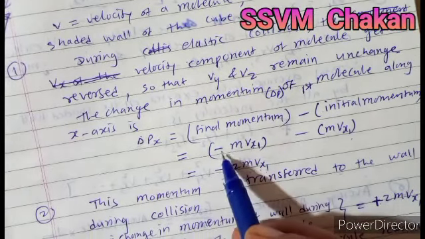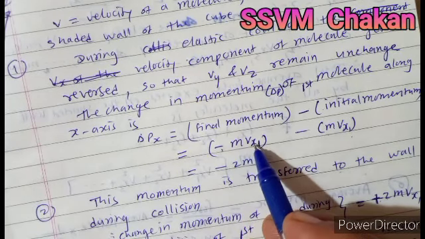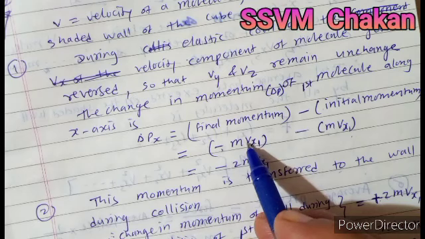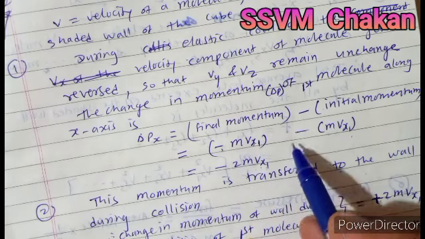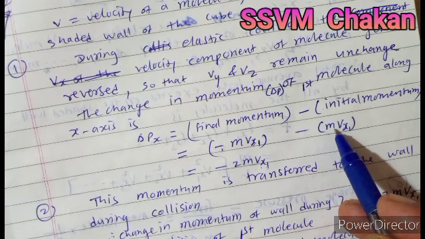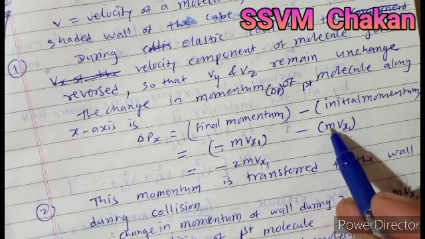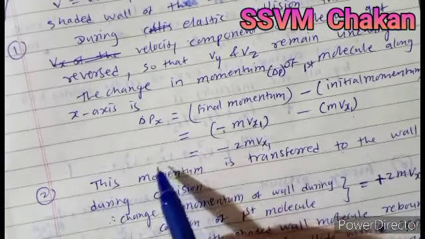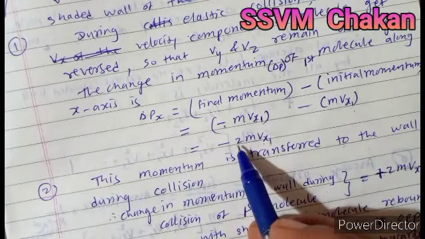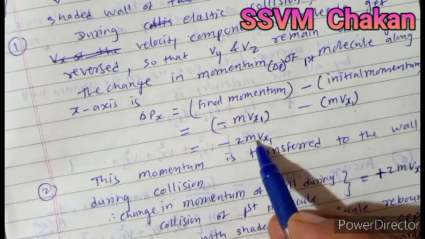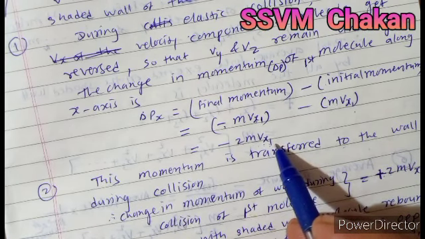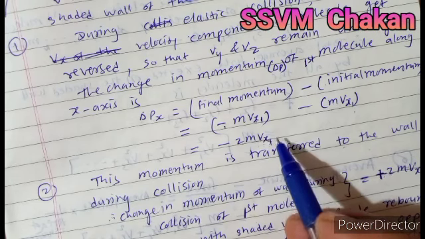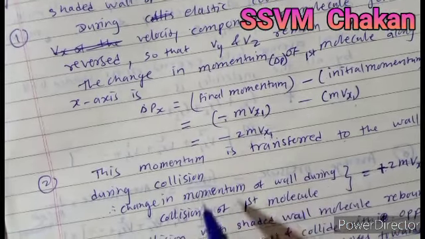Final momentum is minus mass into velocity along the x-axis of the first particle, so it is minus m Vx1, minus the initial momentum, that is m Vx1. So the change in momentum of the gas molecule is minus 2m Vx1. Here x1 is a suffix, the velocity of the first molecule along the x-axis.